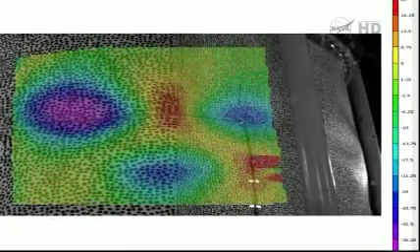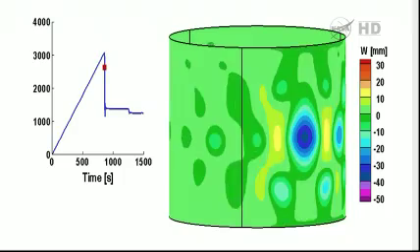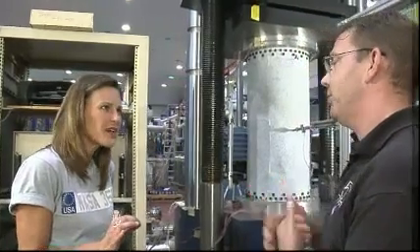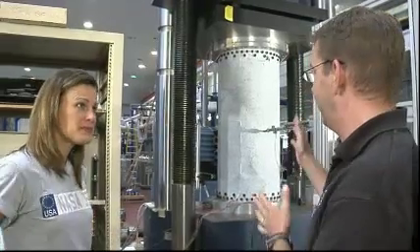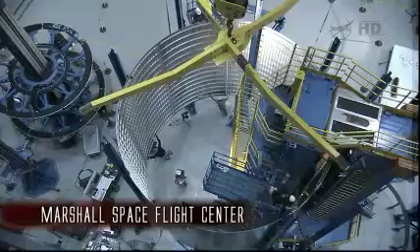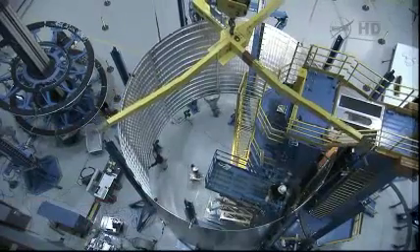During the test, as we're loading it, it's monitoring the movement of the shell wall. The slightest movement will be picked up. Sub-millimeter movements. And the really nice thing is, what you see here is a laboratory scale. We're down at Marshall also testing full launch vehicle size structures. We use the same technique, we just use bigger dots.